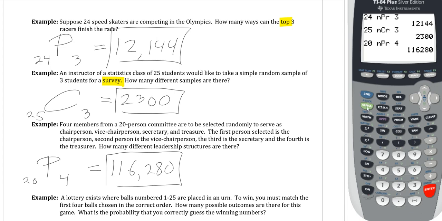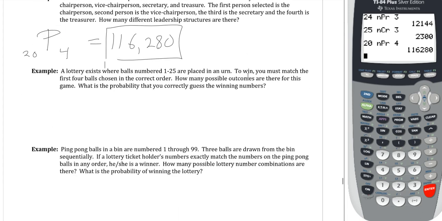Next one, a lottery exists where balls numbered 1 through 25 are placed in an urn. To win, you must match the first 4 balls chosen in correct order. How many possible outcomes are there for this game? Well, it says that they need to be in selected order. That's pretty on the nose, so we know that order matters. Therefore, this is a permutation.